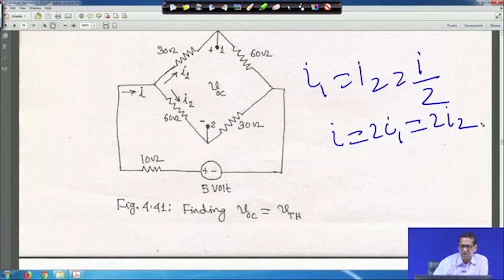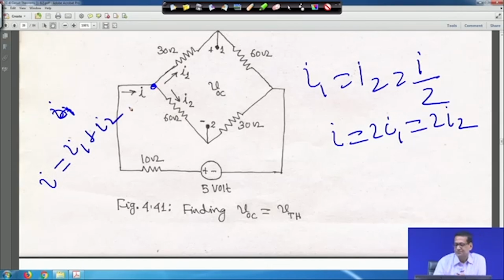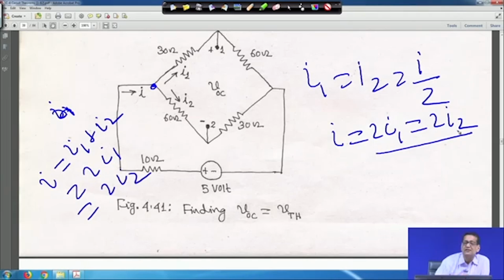Now you can easily solve for I2 and I1, because I1 is equal to I2. If you apply KCL here, sorry, let me clear it, your I is equal to I1 plus I2, right. That is equal to either 2 I1 or 2 I2. This is what has been written here.